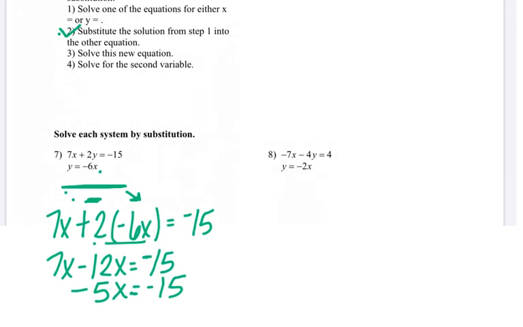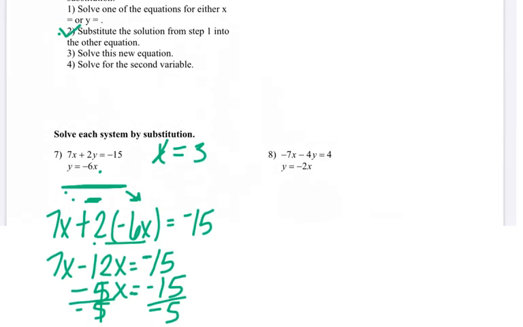Okay, and then from there, we are going to divide by negative 5 on both sides. And so we get x equals 3 for our first answer. x equals 3.